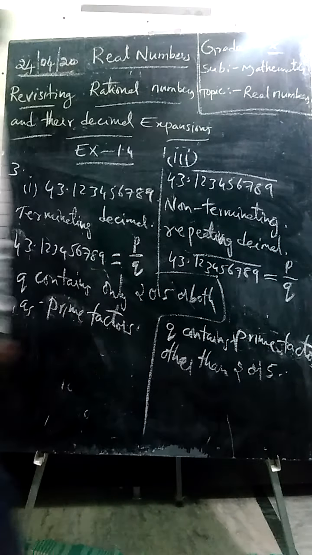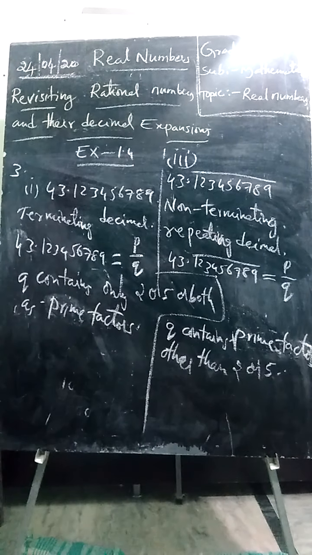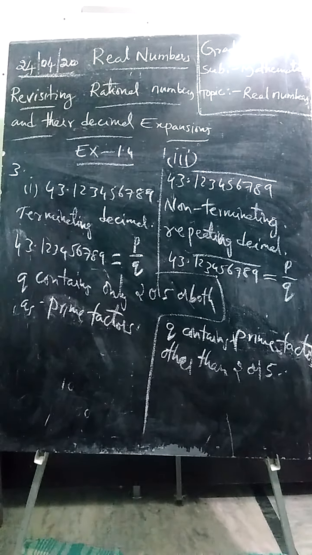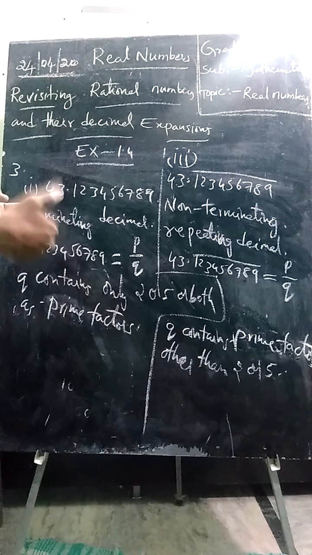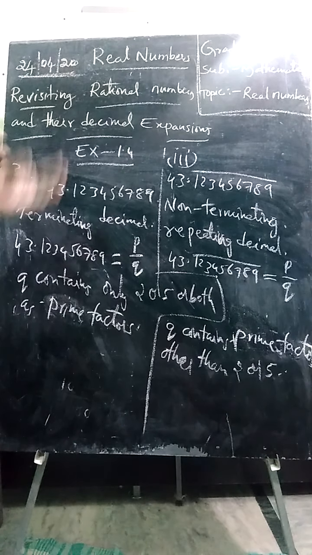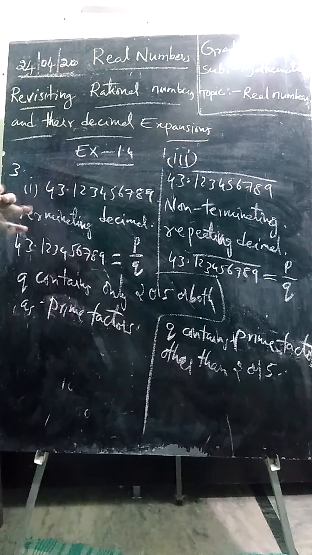So you can go through the textbook, students, everything is given in detail. These are the concepts you have learned in the first chapter. So please revise well and complete your classwork as a part of your portfolio, including the home assignment problems. Still, if you have doubts, you can ask after coming back to school.